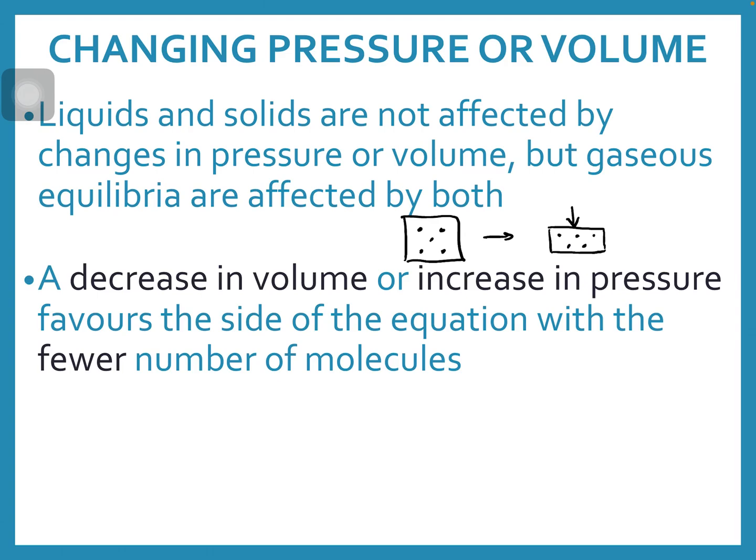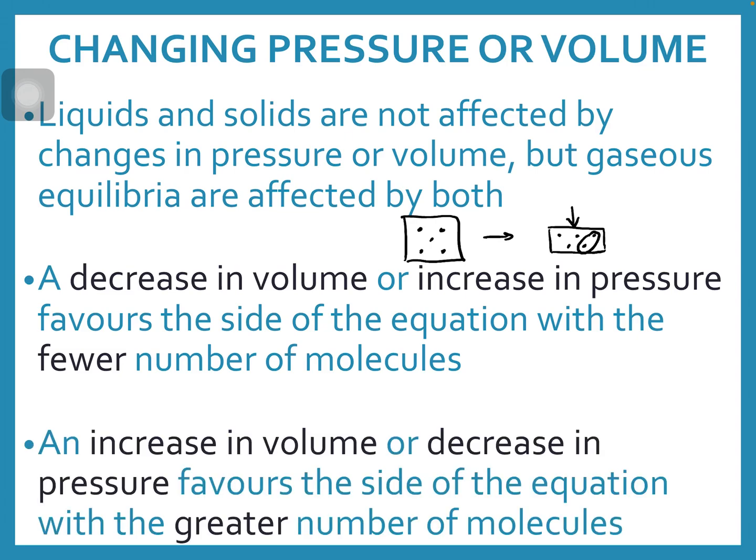So now these 5 particles are a lot closer. So if this reaction can move to the opposite side, so if some of these can combine and react to make 1 molecule, then I would have less than 5 molecules in there. And so that's what's going to happen with pressure and volume changes: the less space there is, the more pressure there is, the side of the equation with fewer molecules is going to be favored.